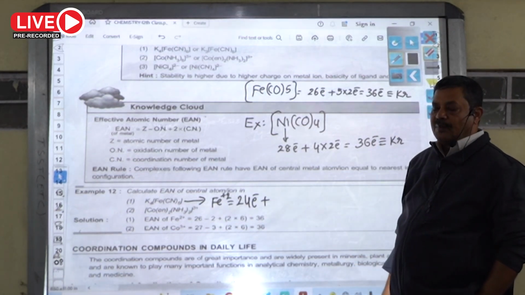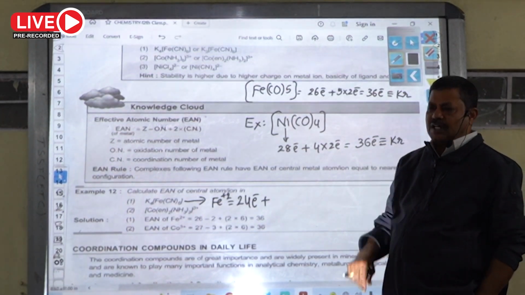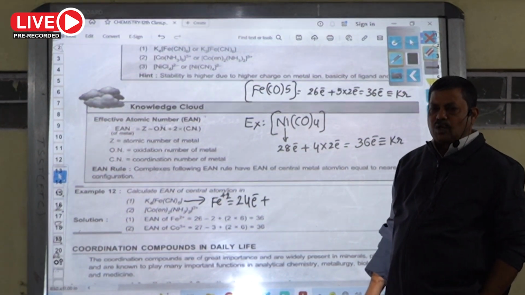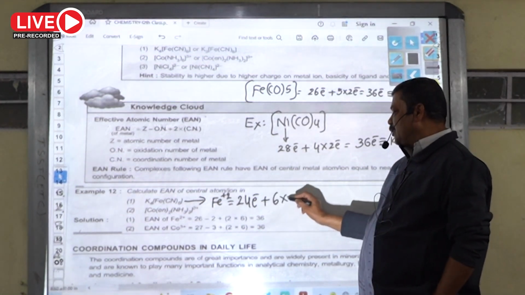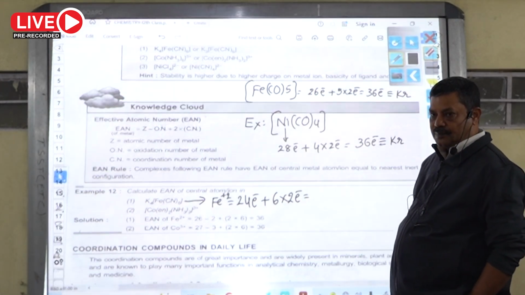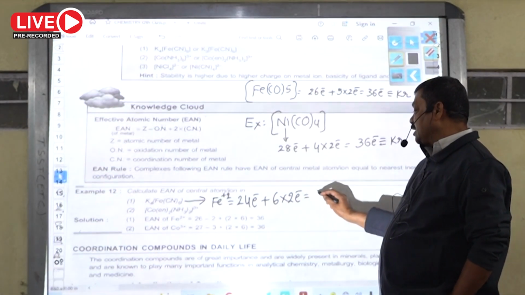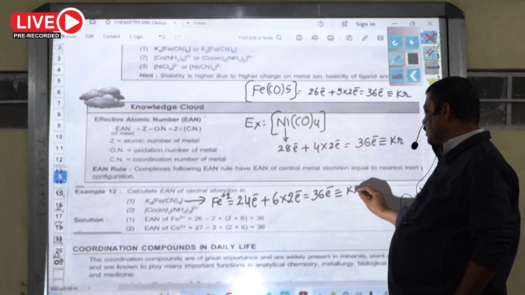Plus ligands always contribute 2 electrons if monodentate. So 6 cyanides contribute 6 into 2. Again 36, again krypton configuration.